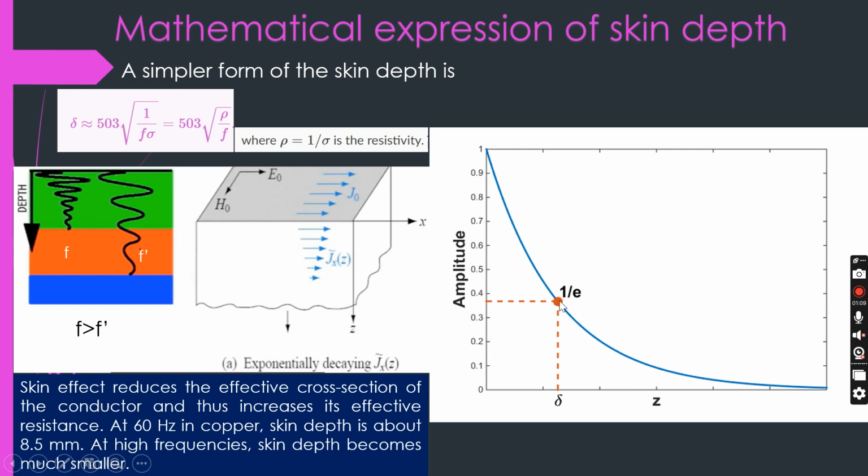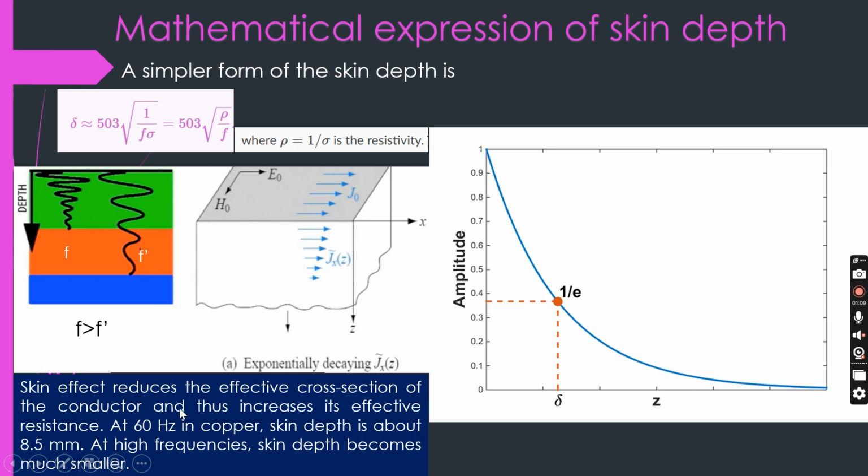Skin depth will be this portion, where the amplitude becomes 1 by e. This is depth, this is amplitude. This point indicates 37%, that is 1 by e, 0.37. So at this delta depth the amplitude becomes 0.37, and this is the skin depth.